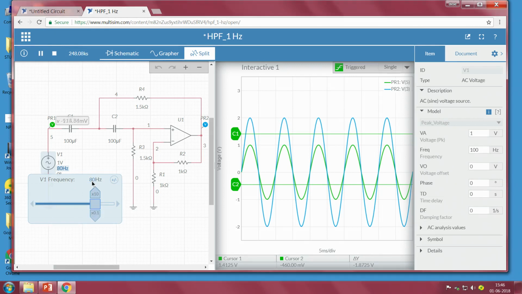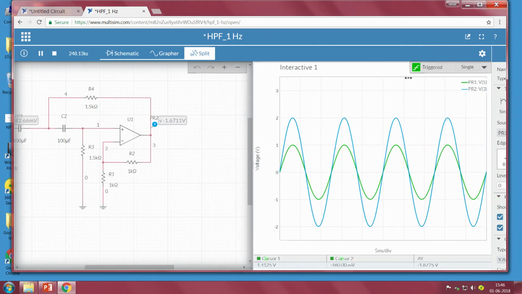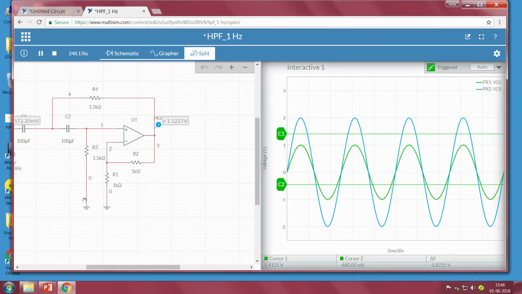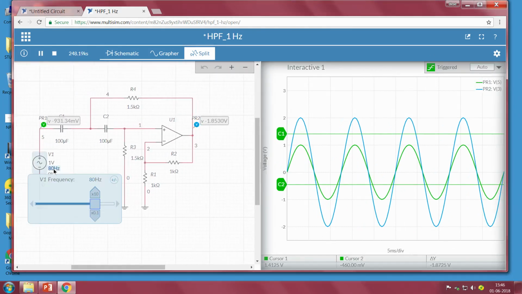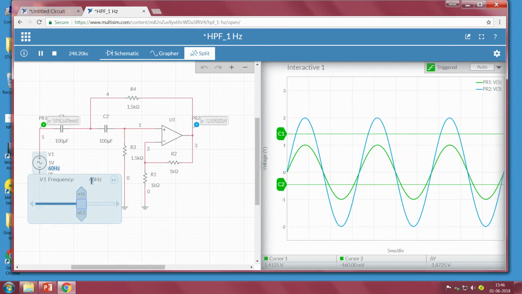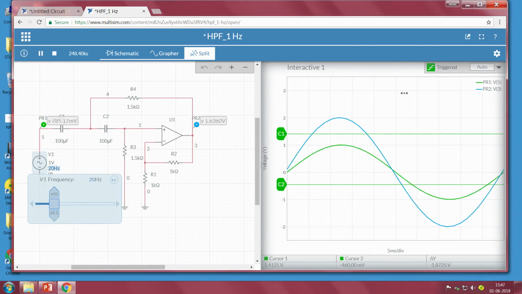So, go with 80. I will make it auto, so it changes automatically. Then 60, we can see it is still at 2; 40, still the same; 20, still the same.